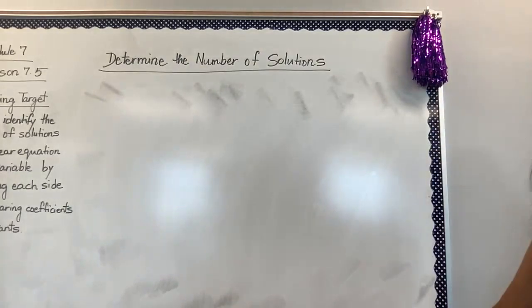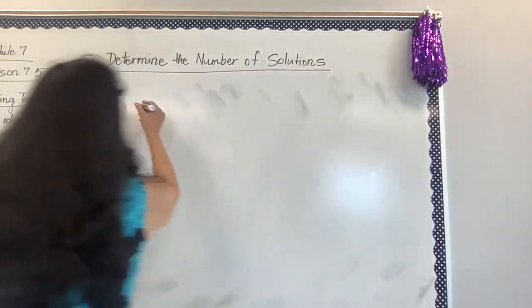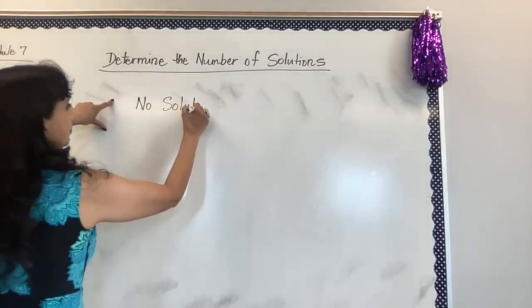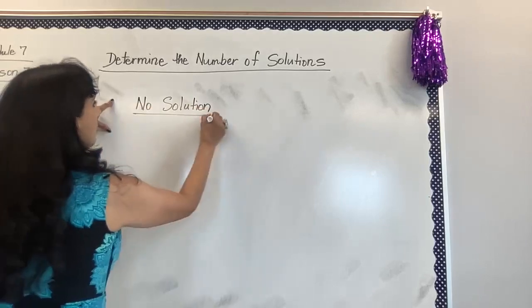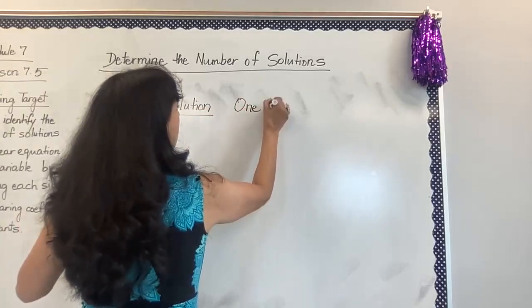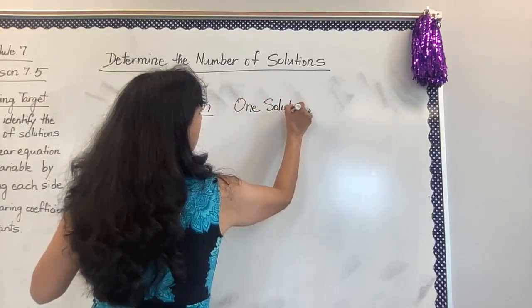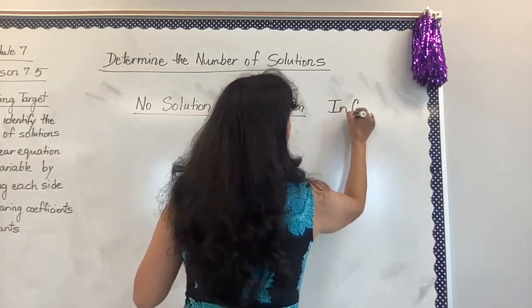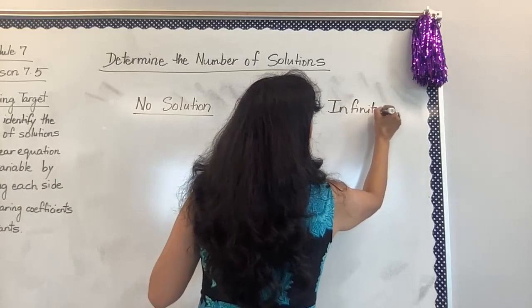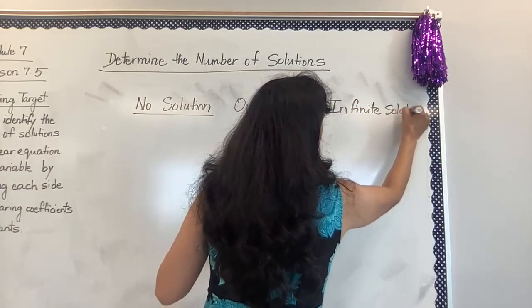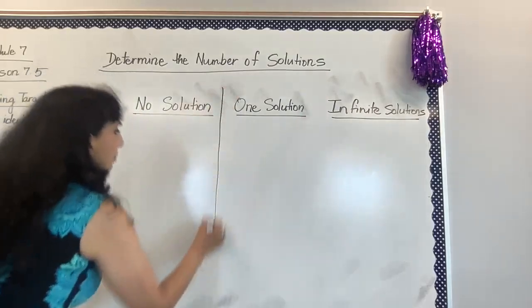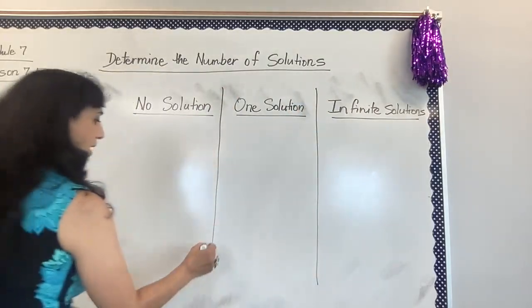When I talk about an equation, let's say no solution, one solution, and infinite solutions. Okay, so I'm just going to do this so that you can see how to categorize.